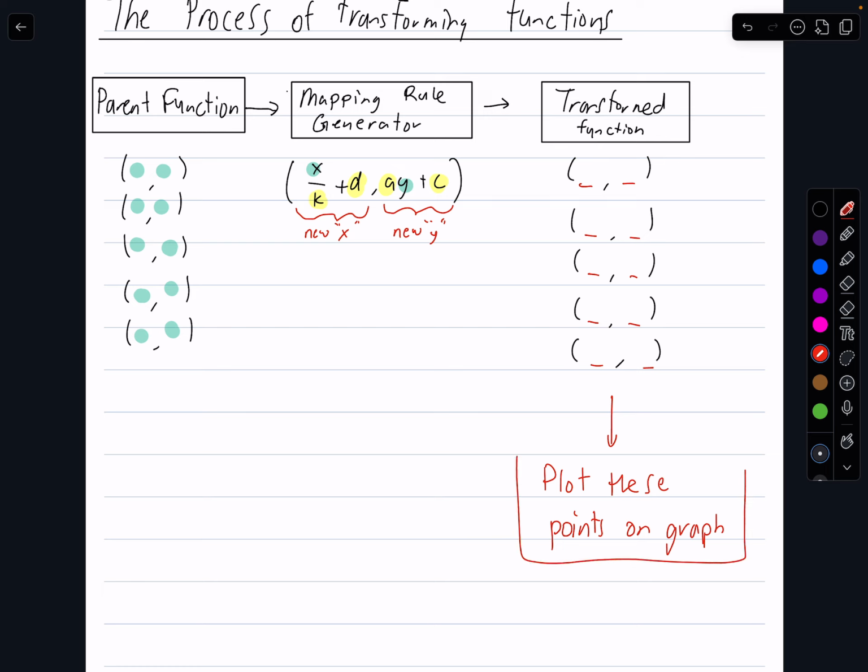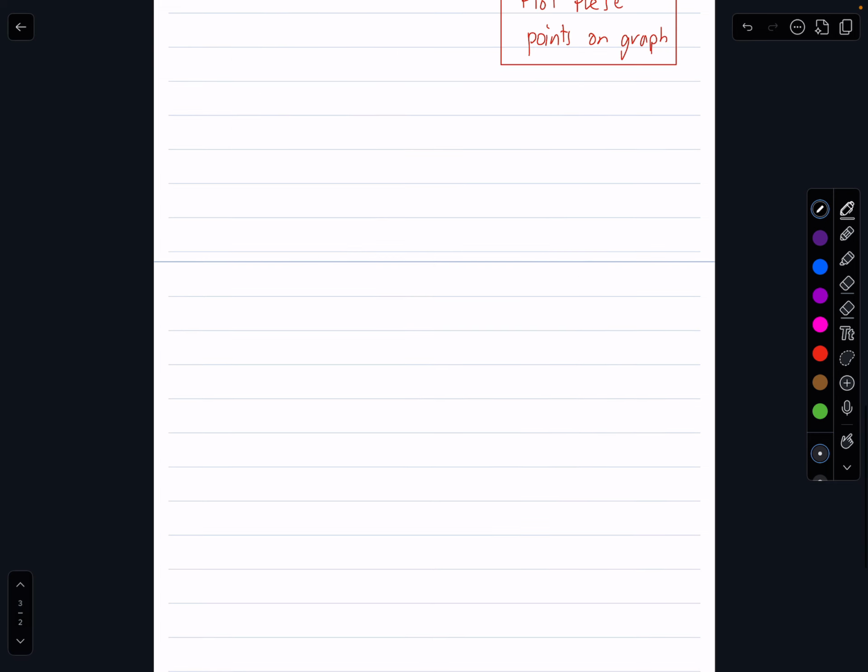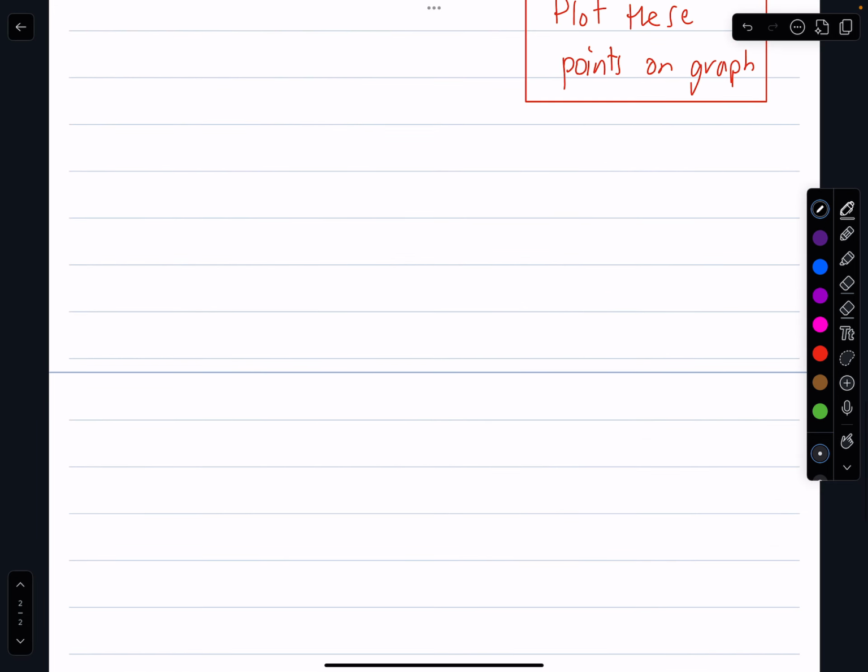So this is the systemized process of how we're going to transform these functions. We take the parent function and put it in the mapping rule generator. The mapping rule generator spits out 5 new points, and those points we plot on the graph, and that's going to be the transform function. So let's look at an example.